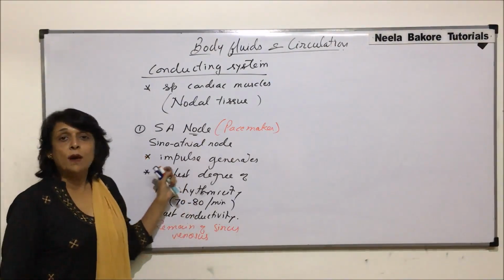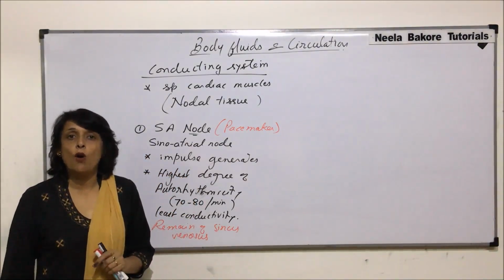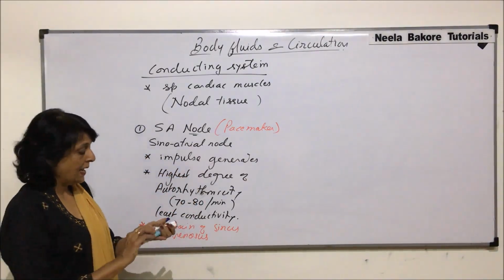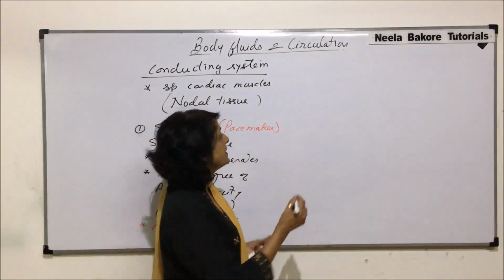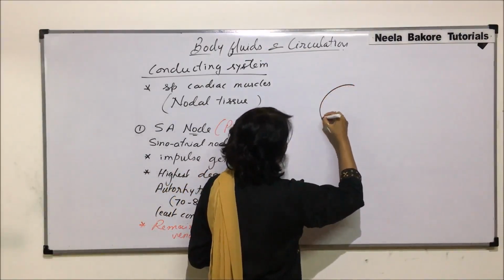Now let us talk about its location. It is located on the wall of the right atrium. Let us draw a diagram to understand where these tissues are located.